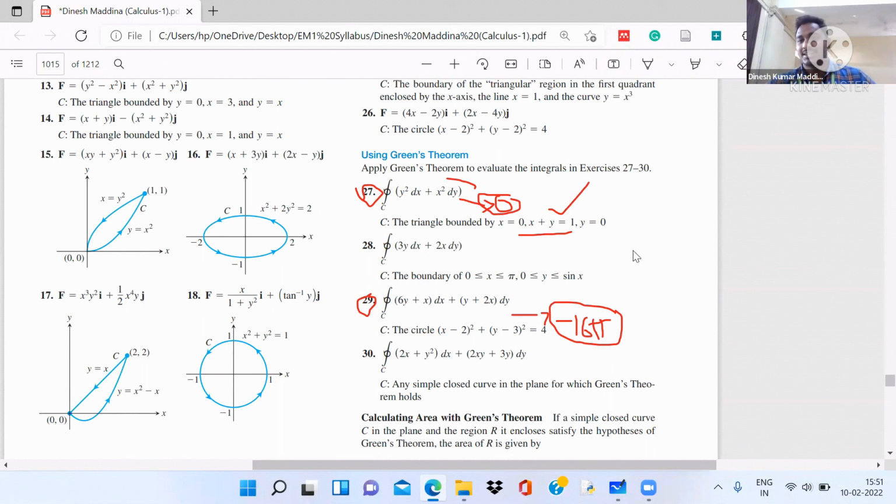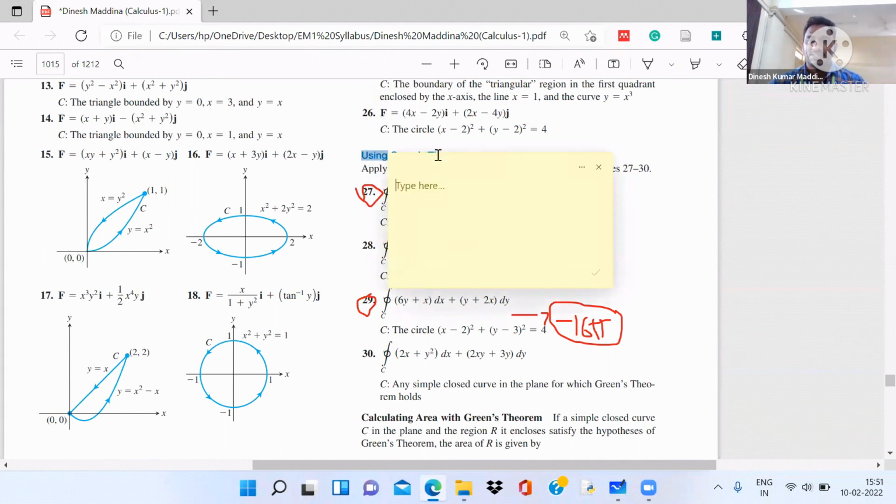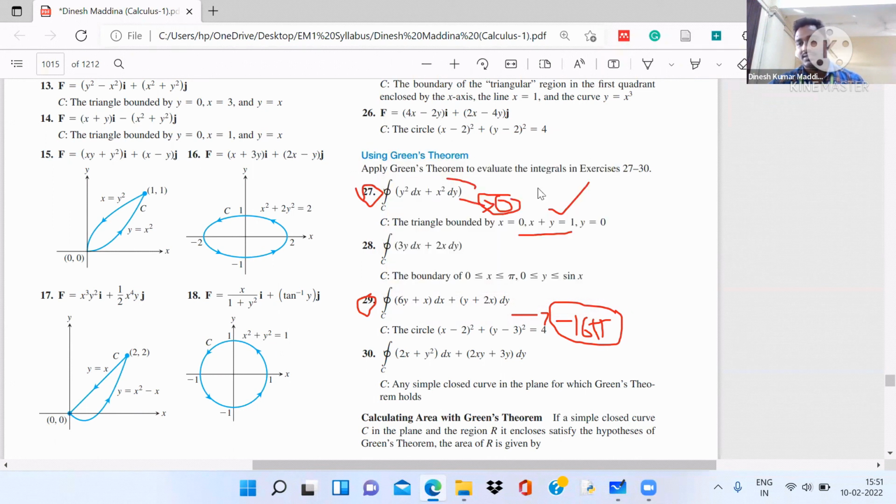Suppose if the average is 50, those who get above that average will get good marks, that means good grades, O grade, A grade like that. Okay, so don't copy much. If you copy, it will affect you in the end, in grades.